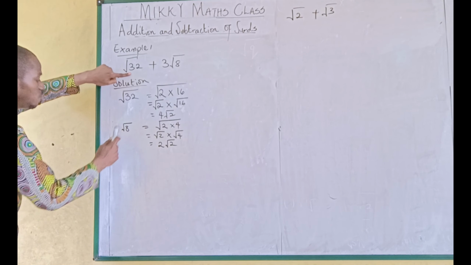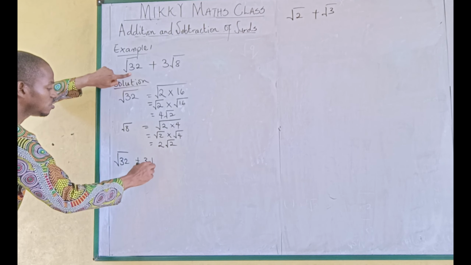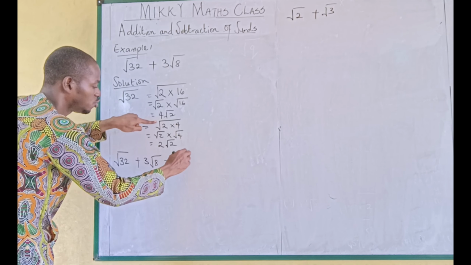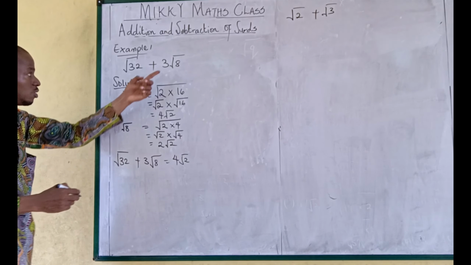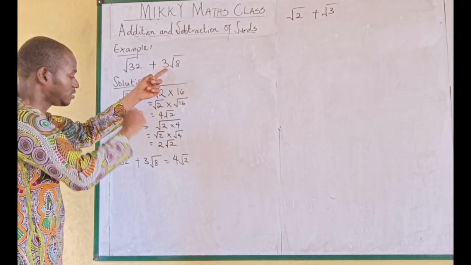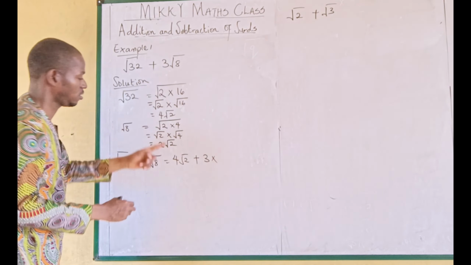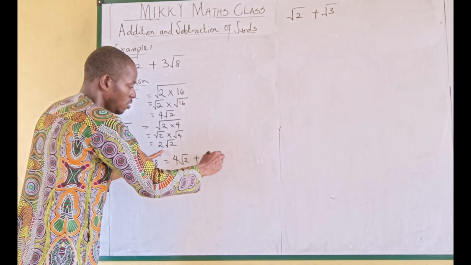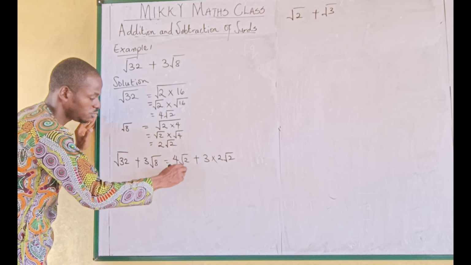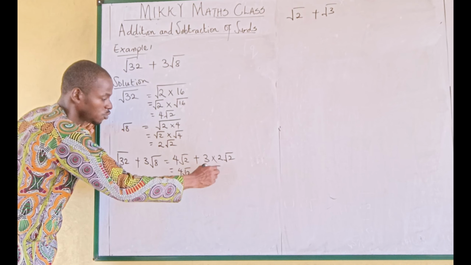So root 32 plus 3 root 8 is equal to 4 root 2. Now take note, this 3 is still there, don't make the mistake of omitting it. The 3 is still there, so plus 3 times 2 root 2. So this is 4 root 2, and 3 times 2 is 6 root 2.